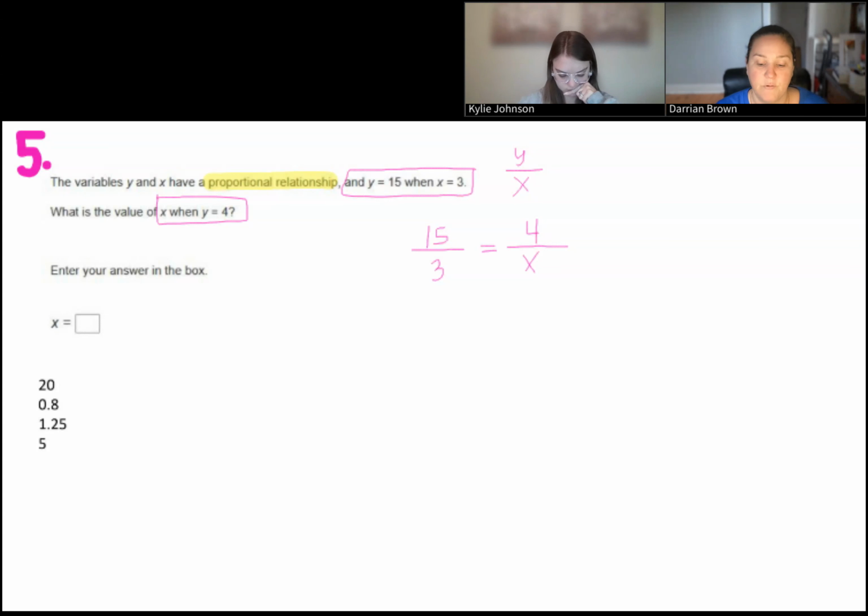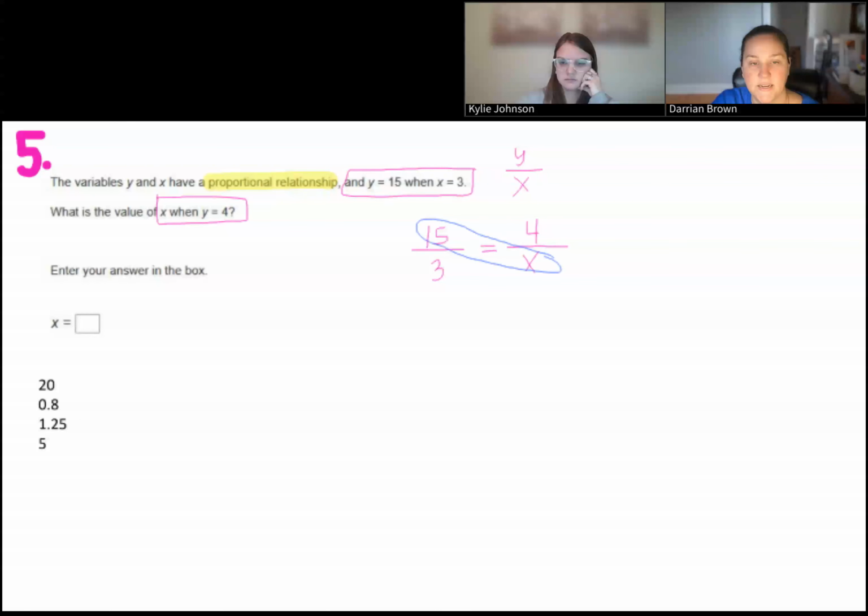All right, anybody know what we're going to do? How do we solve proportions? How do you solve a proportion? Very good, Annabelle. Yes. Cross multiply.